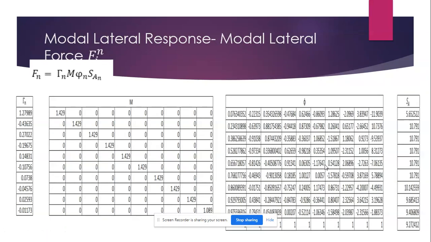So to get the modal lateral force, use this formula and our results earlier: the gamma times spectral acceleration times mass matrix and the eigenvector from mode 1 to mode 10.